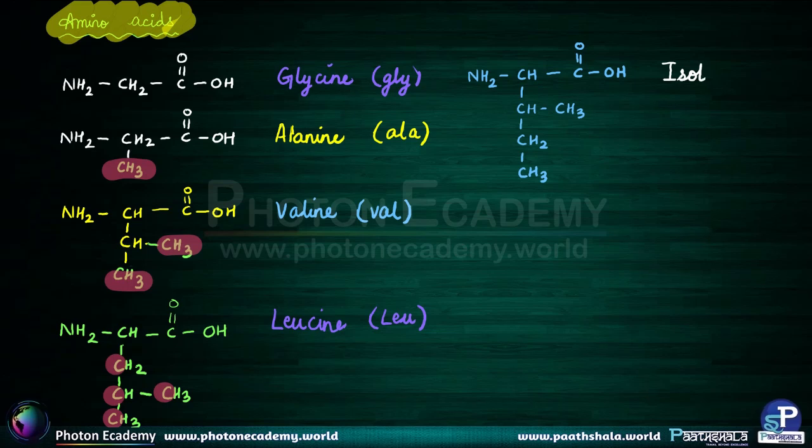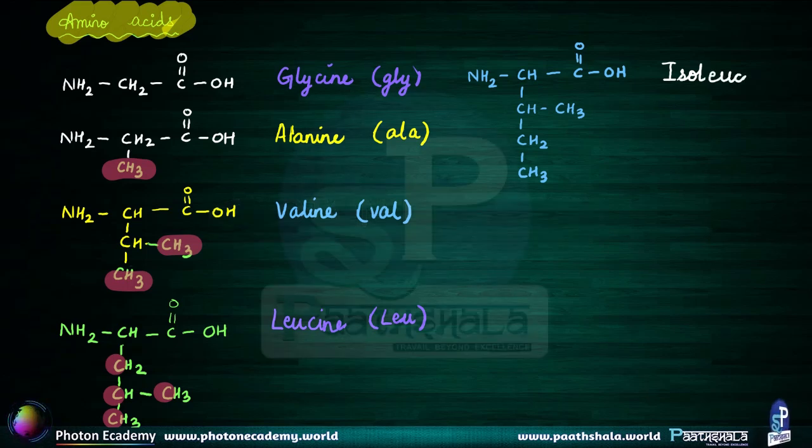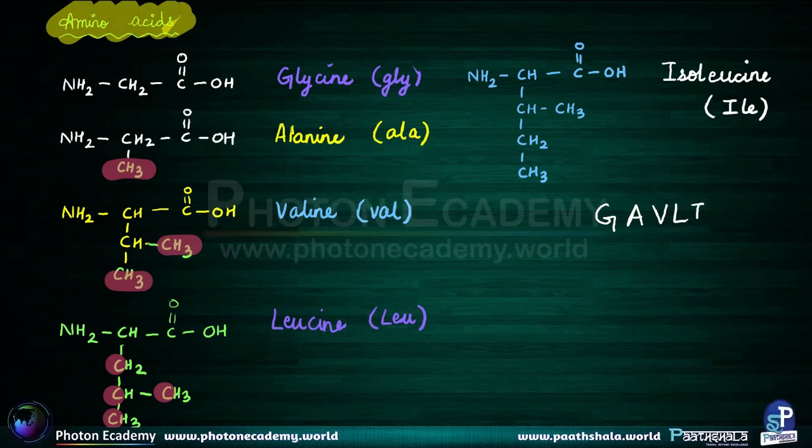It is similar to leucine, but we have a different group attached over here, and it is represented as ILE. So these are some of the amino acids that can be remembered by GAVLI: G stands for glycine, then alanine, valine, leucine, and isoleucine.